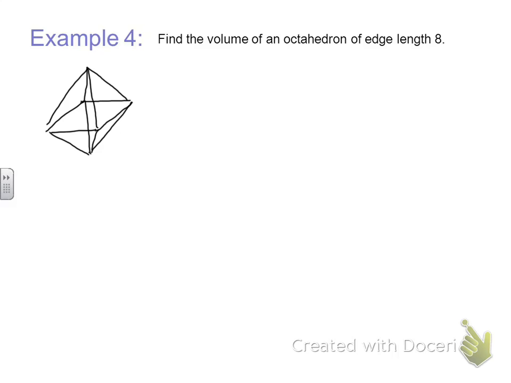Okay? How do you guys want to start? Like, if I were to give you this problem on the test, how would you start by finding the volume of this thing? What shape would you break it down to? Just one pyramid, right? You would probably focus your efforts on just the top part of this thing, and then the bottom is the same exact pyramid, just the other way, right?